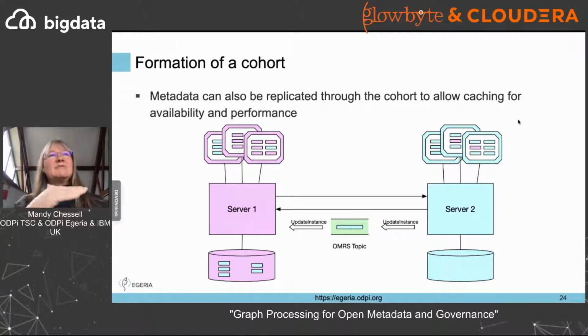By having this background replication, server 1 is then able to work with server 2's metadata without any change to its function. So that's basically the setup. And the next question is, how do we represent metadata in a way that 2 completely different metadata servers can work together?